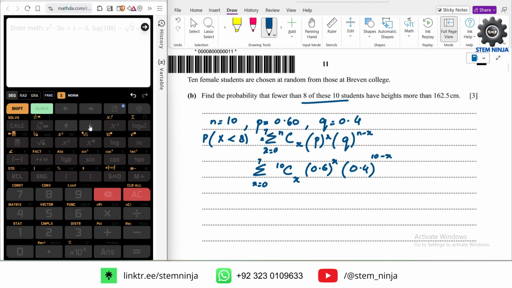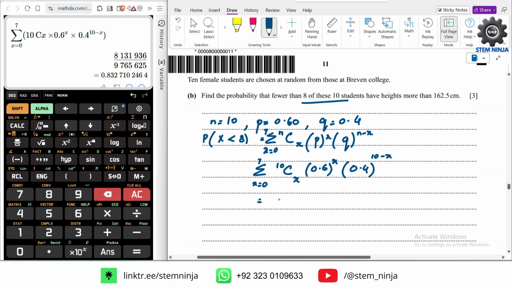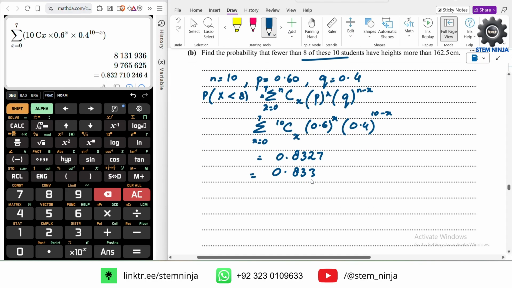Okay, so we plug this in. Sigma from 0 to 7 of 10Cx times by 0.6 raised to power x times by 0.4 raised to power 10 minus x. So we get the value 0.8327. So 0.833 to 3 significant figures. Right, and that's it for this question. Let's move on to the next one.